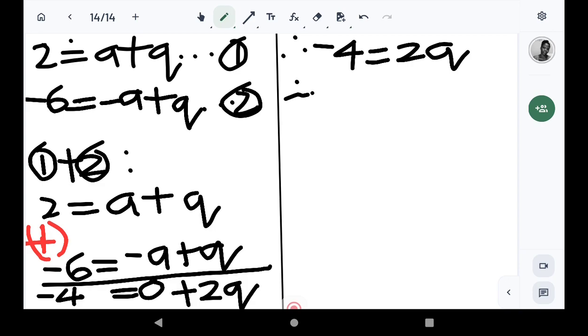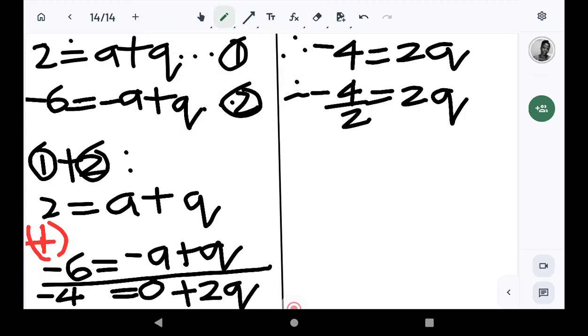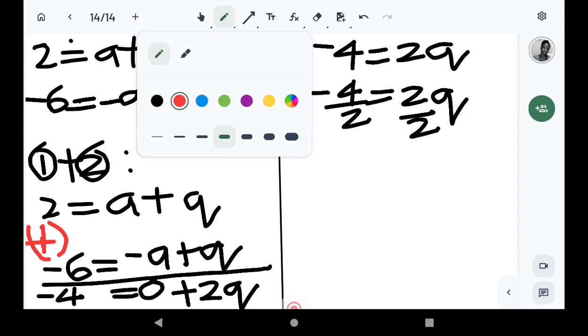So we divide both sides by 2 to get rid of the 2 on the right hand side. Remember, what you do on the left hand side, you must also do on the right hand side.